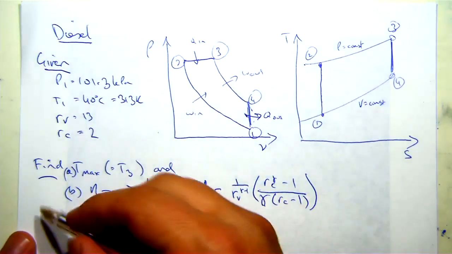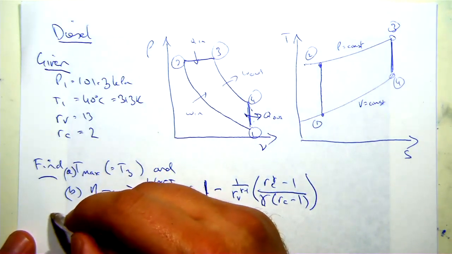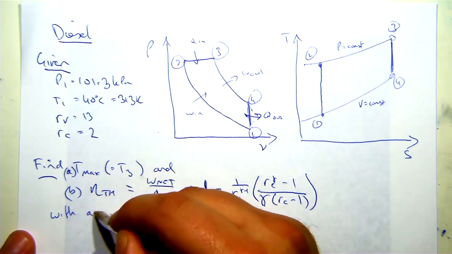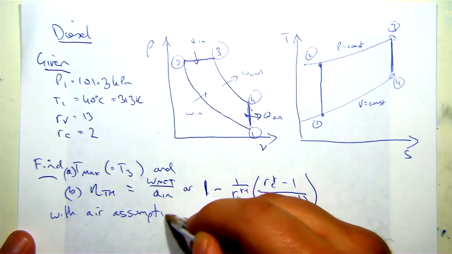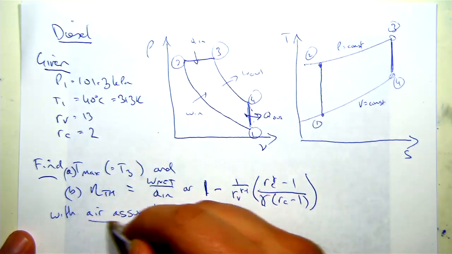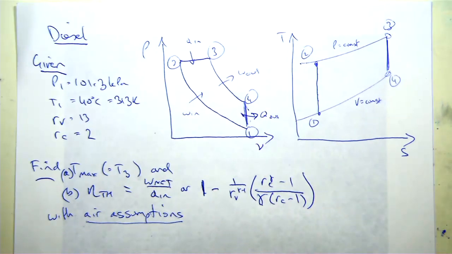And so what we're going to do now is with air assumptions. Now what hasn't been said here? What did we say in the previous question about the assumptions that hasn't been said here? What's the difference? The answer down here was cold air assumptions as opposed to air assumptions.